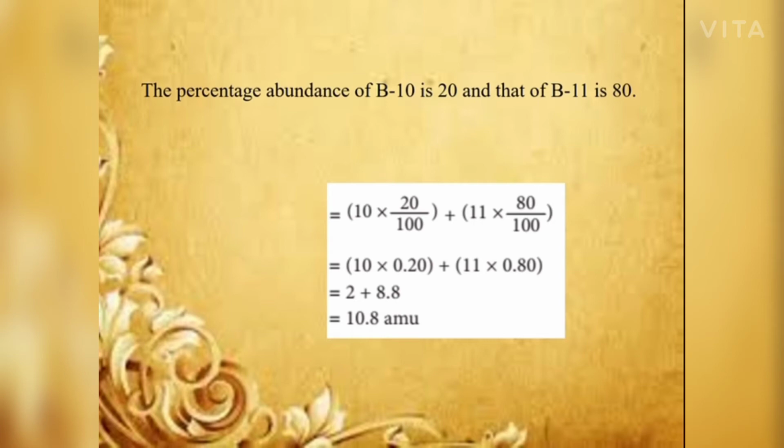This is percentage, so divided by 100, plus mass of second isotope boron 11, so 11 into percentage of abundance 80 divided by 100. That is equal to 10 into 0.20 plus 11 into 0.80, that is equal to 2 plus 8.8, that is equal to 10.8 AMU. AMU is the unit of average atomic mass.